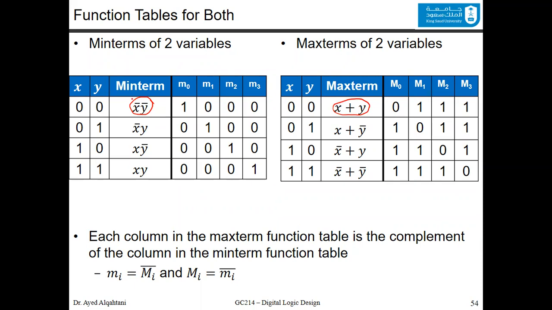You can apply it by putting a full bar here, and when you break it, it becomes x or y. Also, you can see it in the matrix form. If the output is 1, 0, 0, 0 for the min term, in the max term it will be 0, 1, 1, 1. So each column in the max term function table is the complement of the column in the min term as well. So also this one will be the complement of this one.